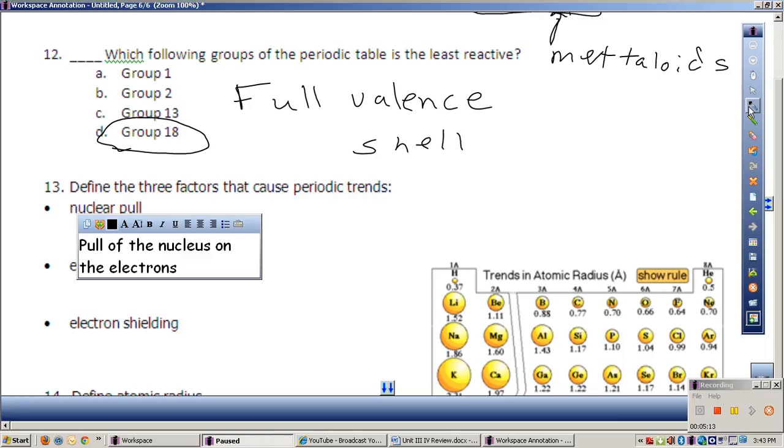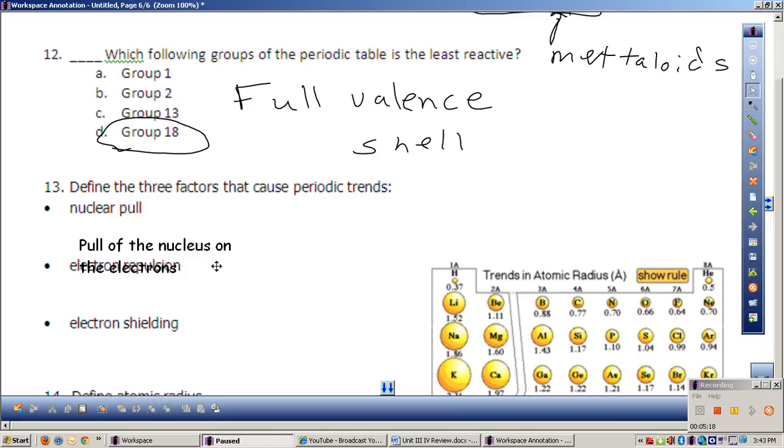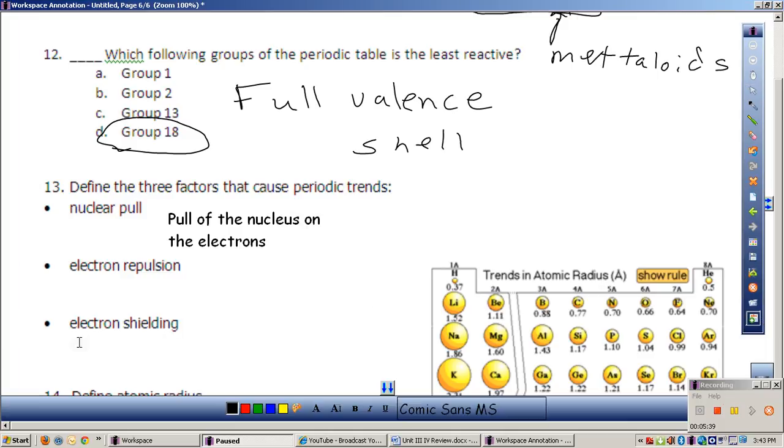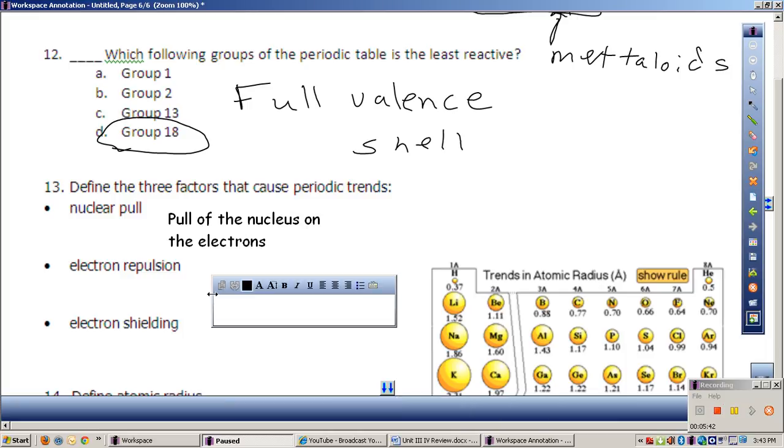Basically, you have your nucleus, which is in the very middle of your atom. So the nuclear pull is how much exertion that nucleus can put on the electrons, both outer and inner electrons. Electron repulsion. Anybody want to do that one?